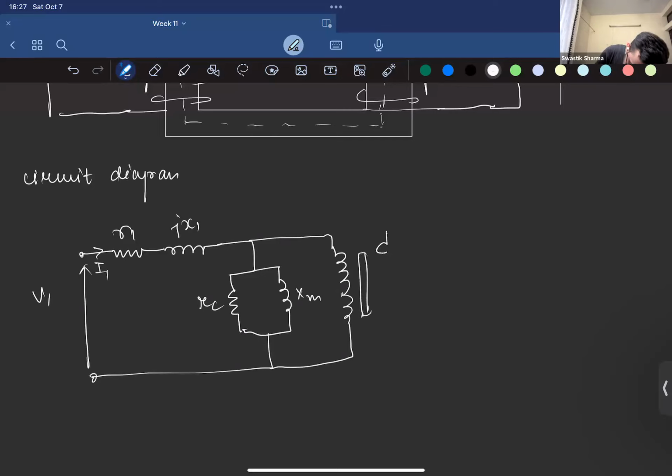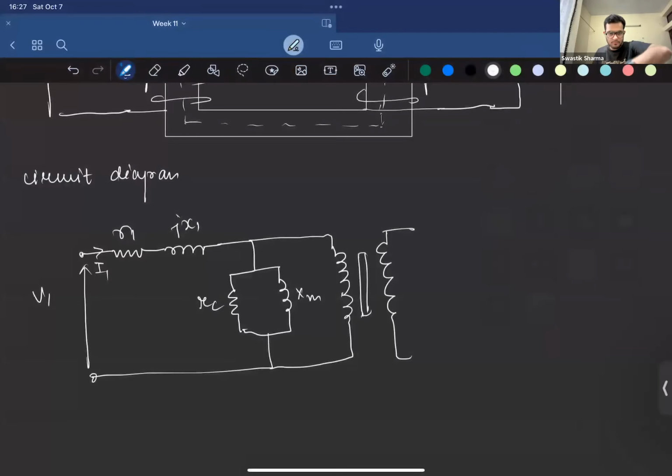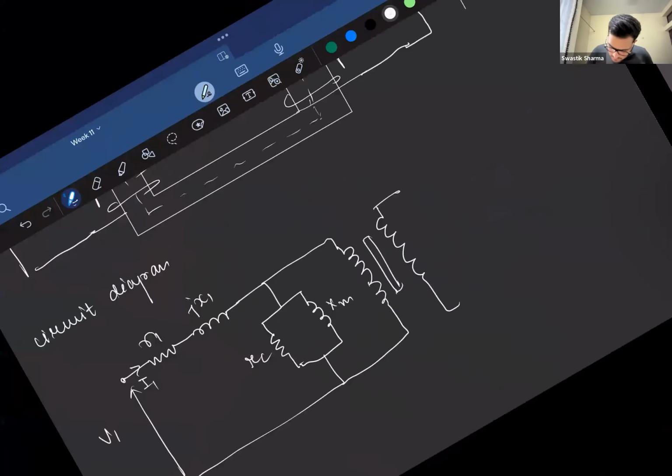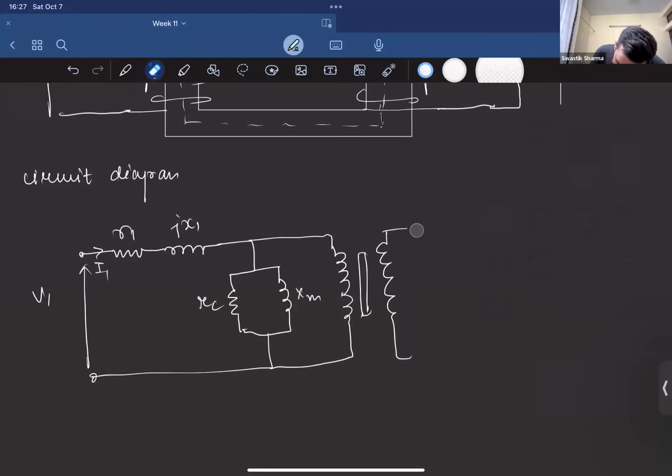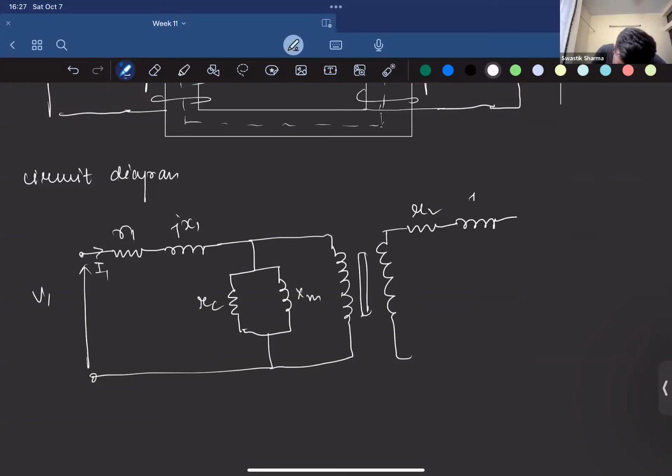Great. So secondary side leakage resistance and secondary side leakage reactance connected with some load.